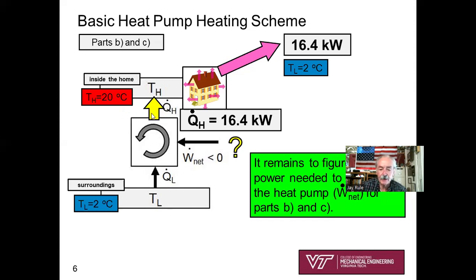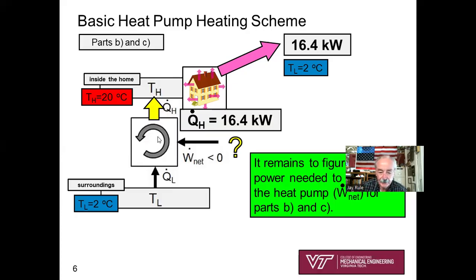For our heat pump, here's my yellow 16.4 kilowatts going into TH, the house, the high temperature reservoir, labeled inside the house, 20 degrees C. We're transferring heat, 16.4, into that house from a heat pump, a system operating in a cycle. Notice that backwards, counterclockwise arrow.